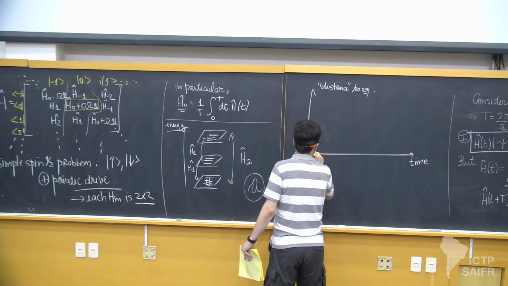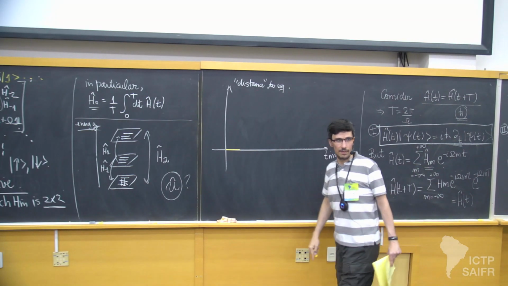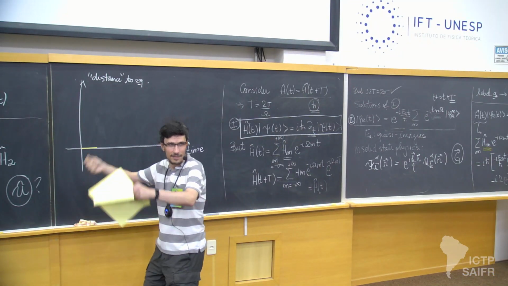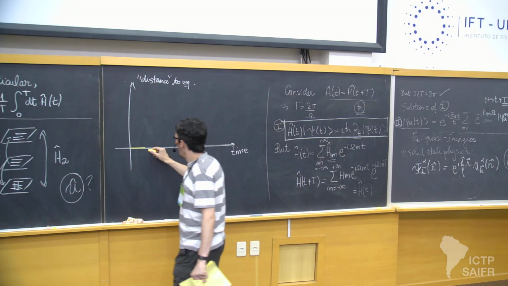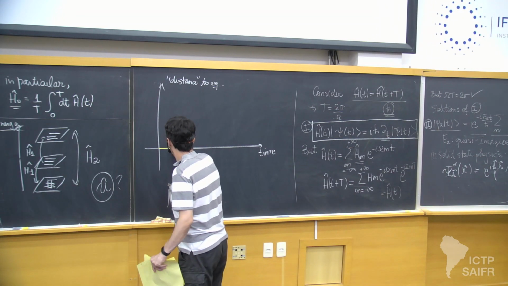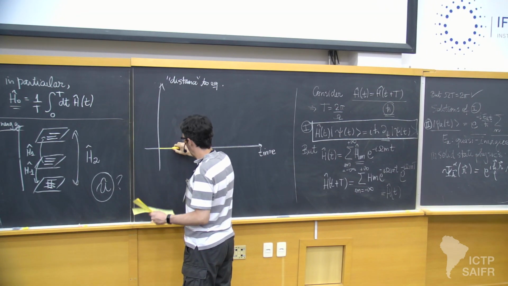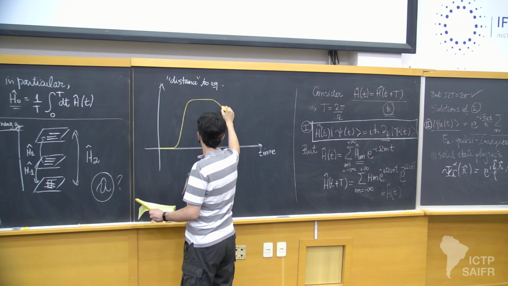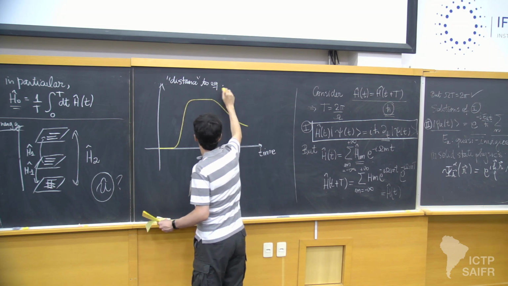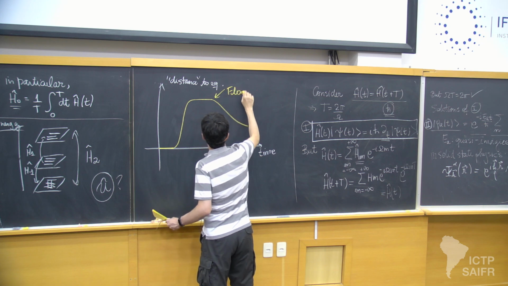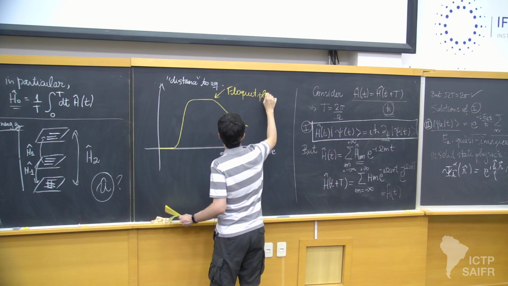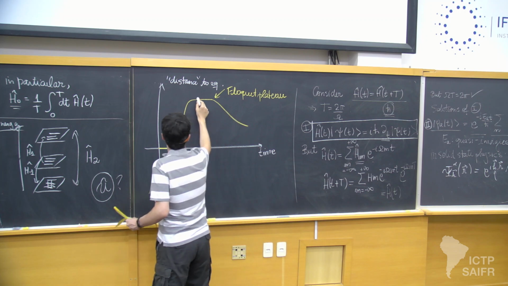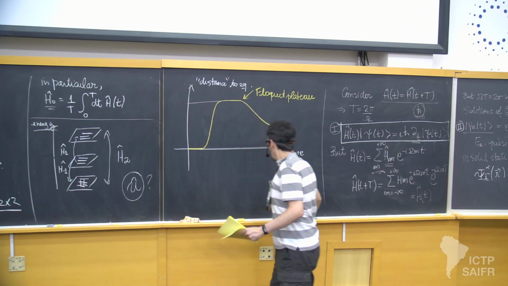You start here in equilibrium, nothing happens. You don't need today's lecture, you need the early lecture from José. But then you start applying this field, and you come here, and then you decay. This is called the Floquet plateau.